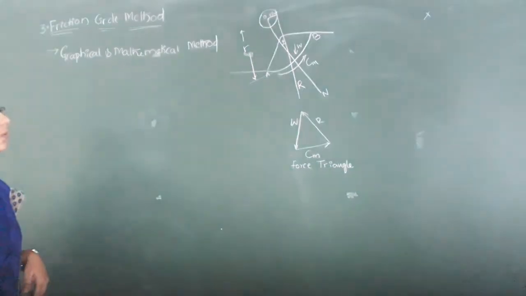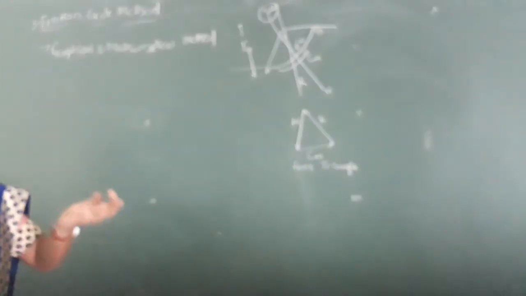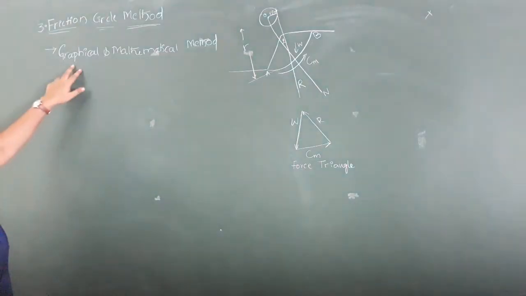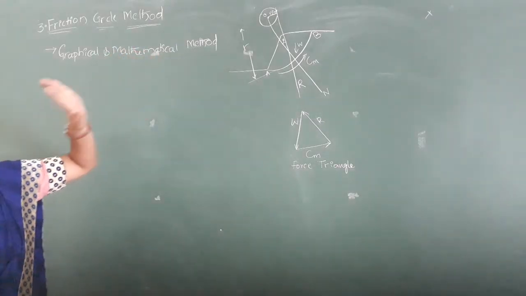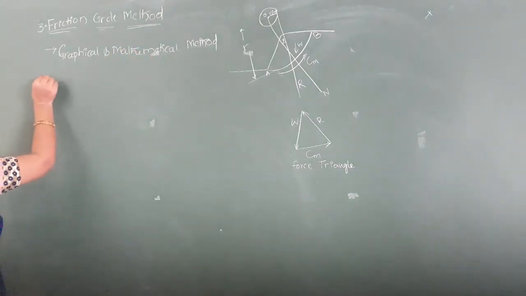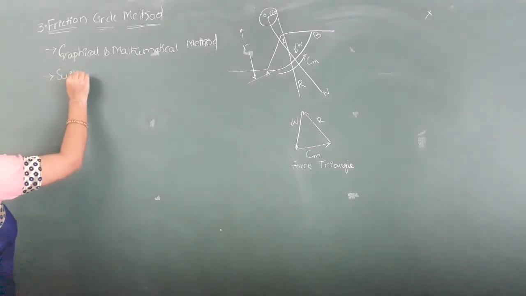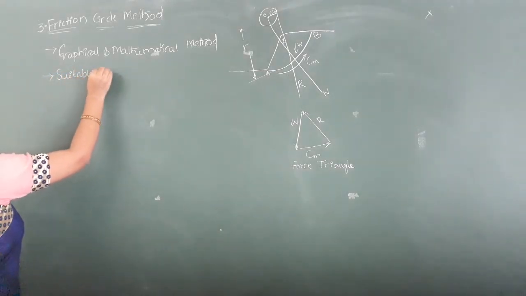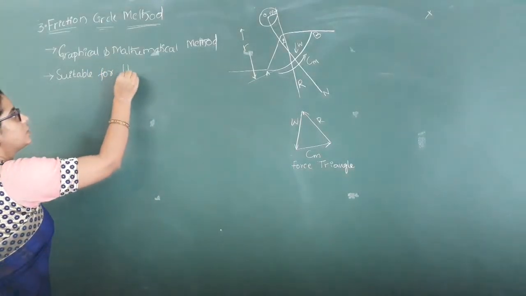So the factor of safety, or the forces or the moment, can be calculated with the help of a graph and also with mathematical equations. And this method is suitable for homogeneous soils.